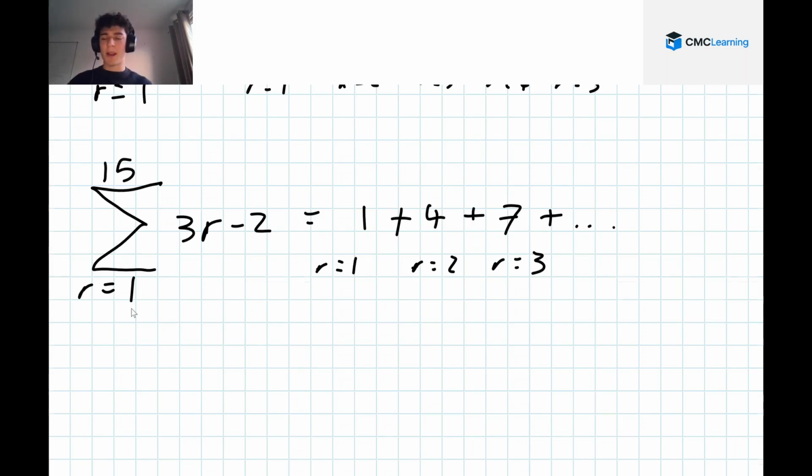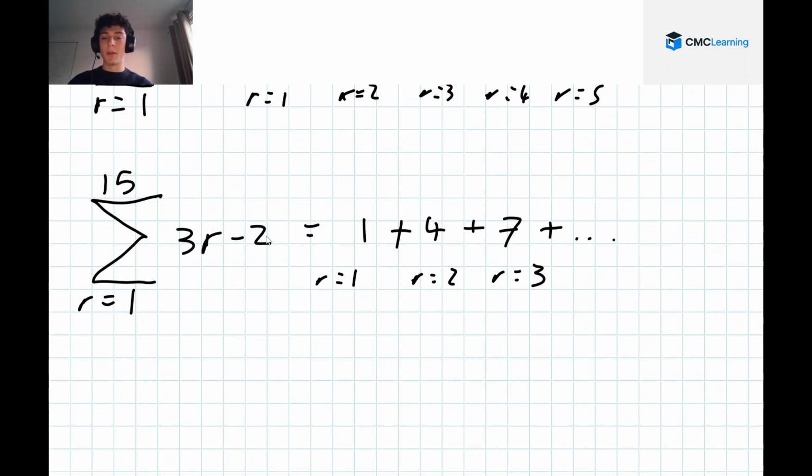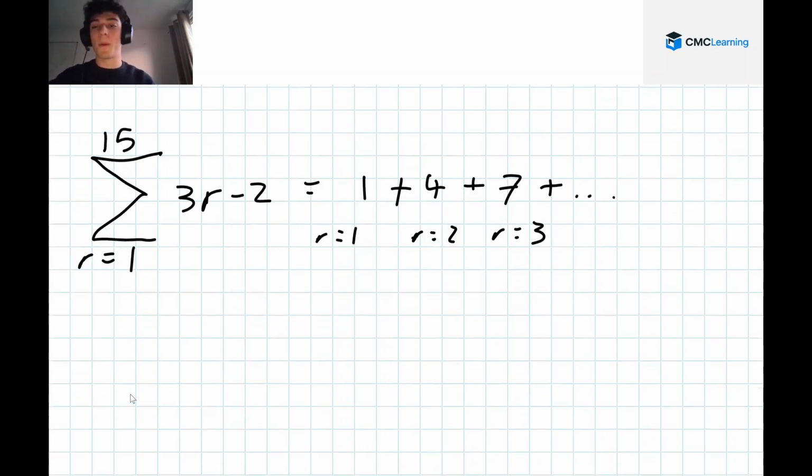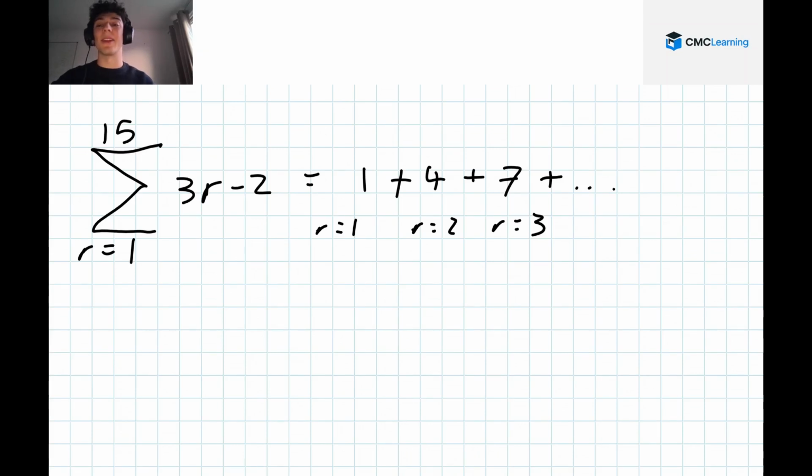And let's now have a look at what's happening. We could write out all 15 terms of the sum, and we'd be here forever. Some questions have values even higher than 15. Or we could recognize the topic that this is representing. Here we should be thinking about series and sequences.